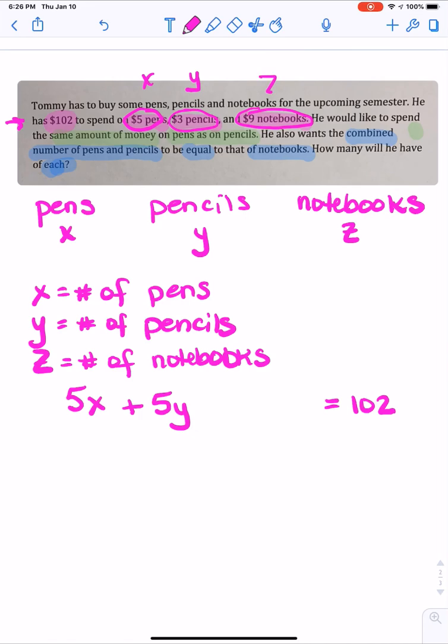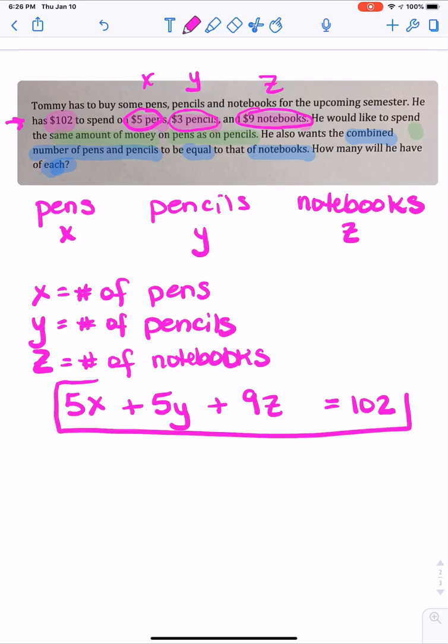This $9 one is going to go with Z, because that's how we talked about the notebooks. So this is going to be one of my equations. Now, there are 3 variables, so I have to have 3 equations by the time I get done to put in my calculator.